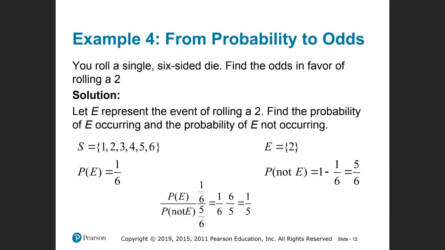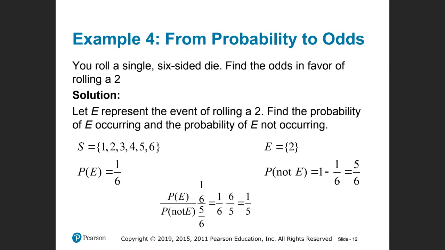Example 4, from probability to odds. You roll a single six-sided die. Find the odds in favor of rolling a 2. So we're going to let E represent the event of rolling a 2. Find the probability of E occurring and the probability of E not occurring. The sample space is the 6 outcomes, 1 through 6. E is the event of rolling a 2.